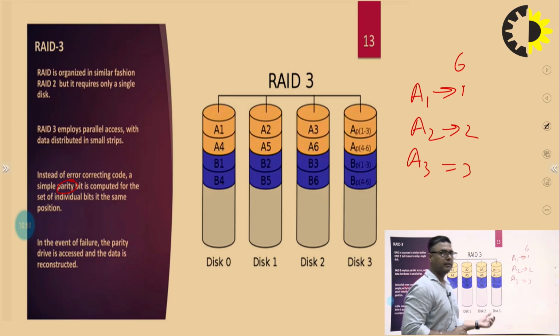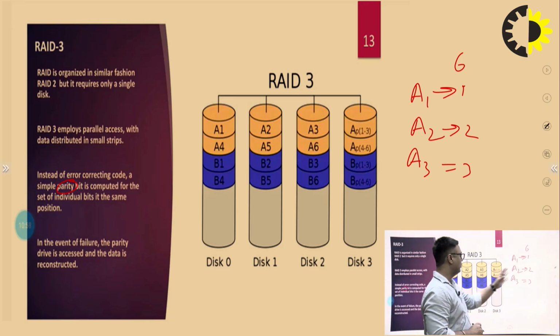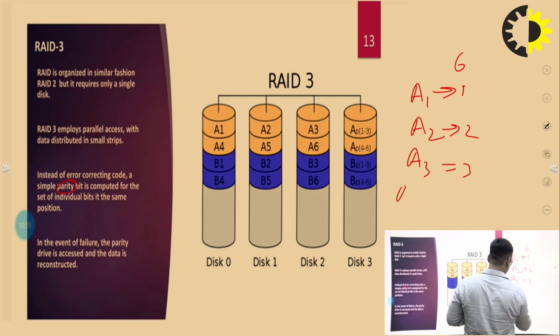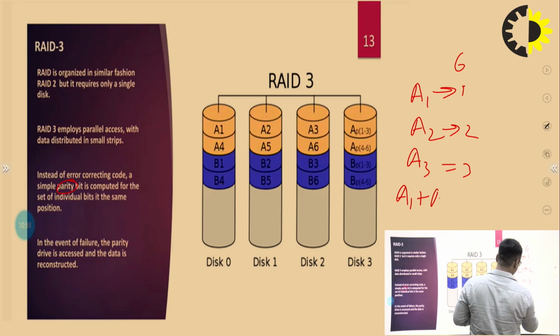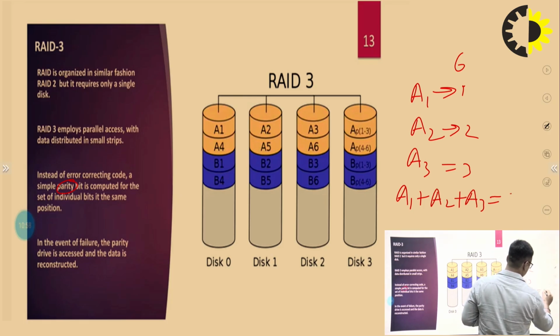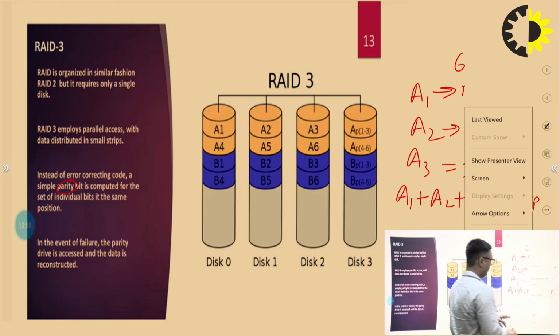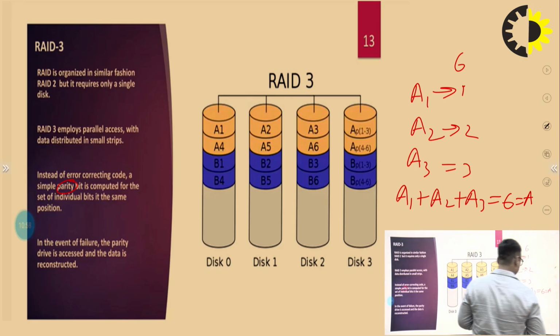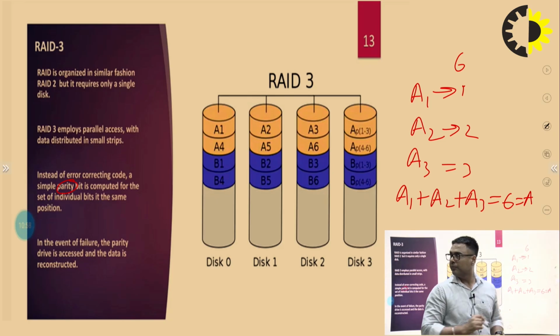In a parity disk, we basically store the whole data. Suppose 6, the overall data, is stored in the parity. So A1 plus A2 plus A3 is equal to 6, or AP. The data is stored in AP form.